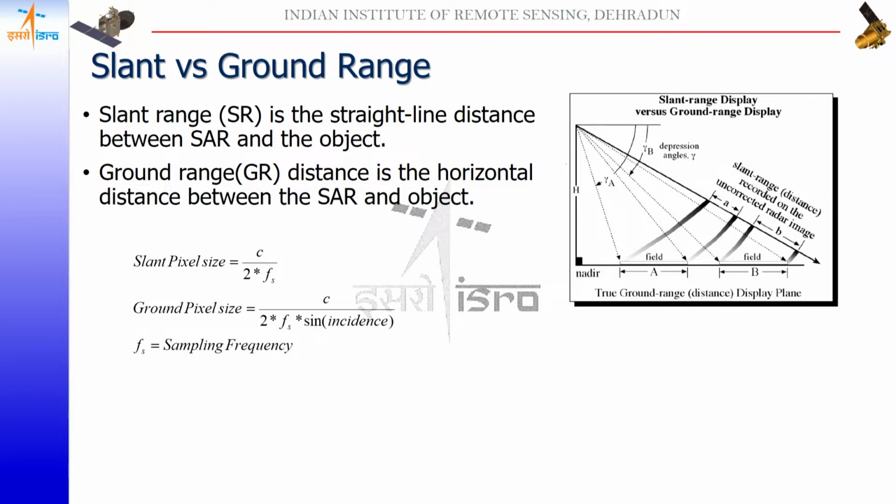Simply we divide by the sine theta factor, where theta is the incident angle. If we divide by that sine theta factor, then we are doing a minimal geometrical correction. That is called the ground range correction, and the image is called the ground range image.